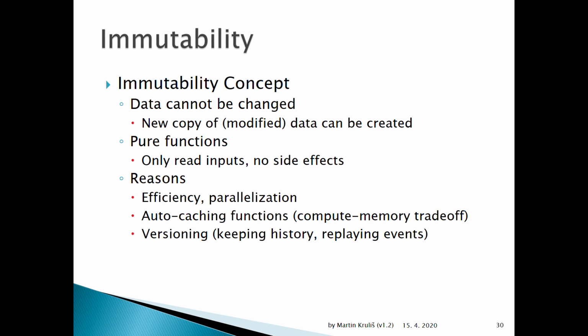For instance, if you're using the React framework, automated caching with Redux is something you really need to do, but for a slightly different reason than just the compute-memory trade-off. And also with this approach, you can do versioning, so you can have multiple versions of the data. You can keep track of the history of your modifications, which is sometimes useful for debugging. Sometimes it's even useful when you're implementing undo and redo functions in your application.